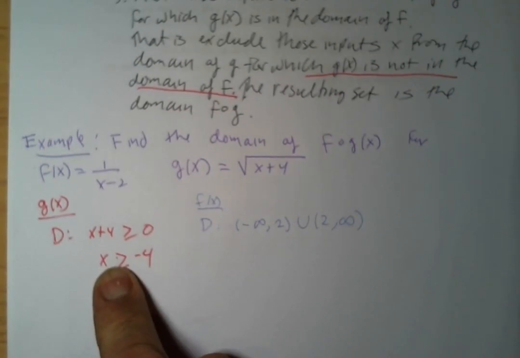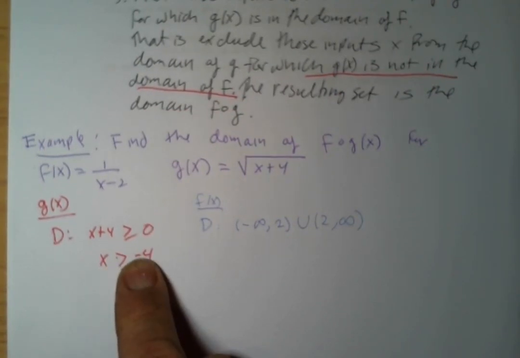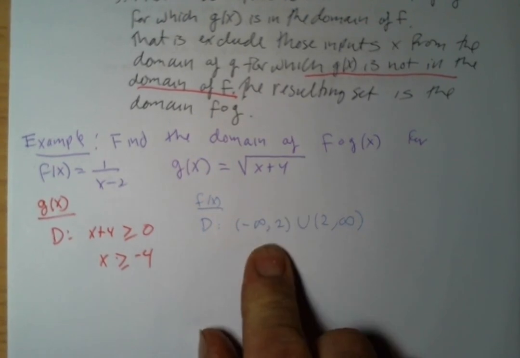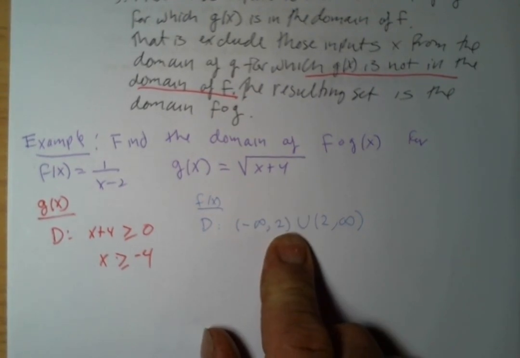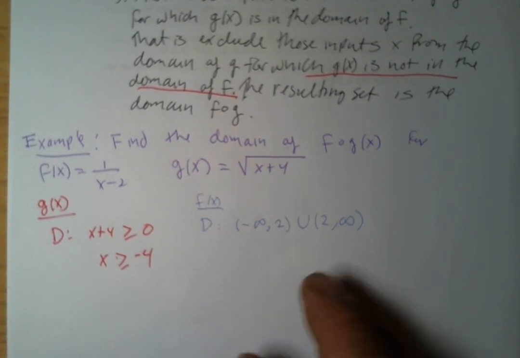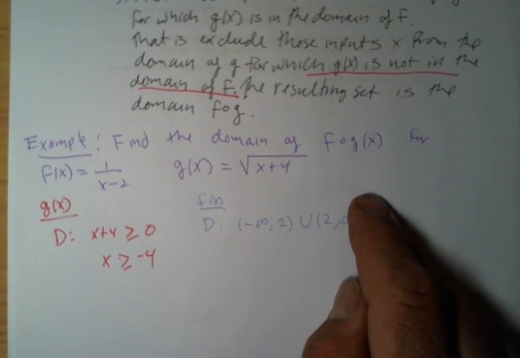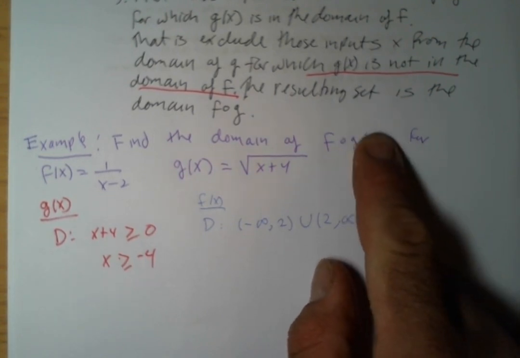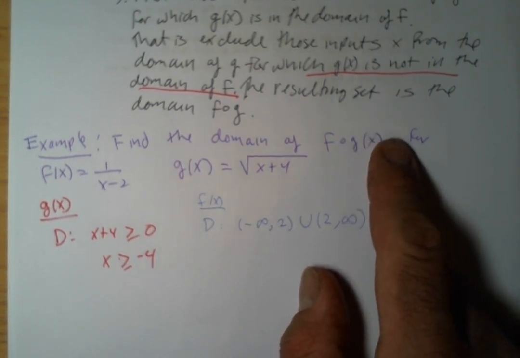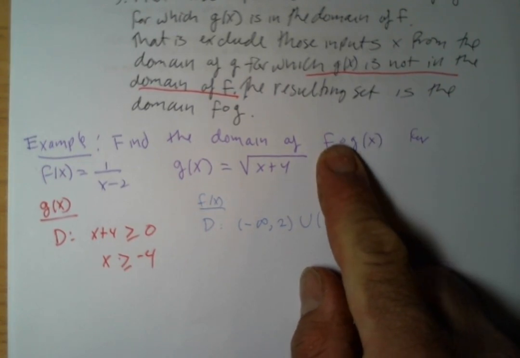Without knowing anything else, we would say x is greater than or equal to negative 4. But we want to exclude 2 from our composition. Remember, the composition here is f of g of x, so we don't want the output to be 2, because the output is now going to be the input of f.